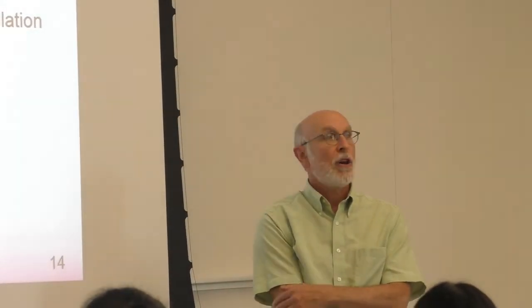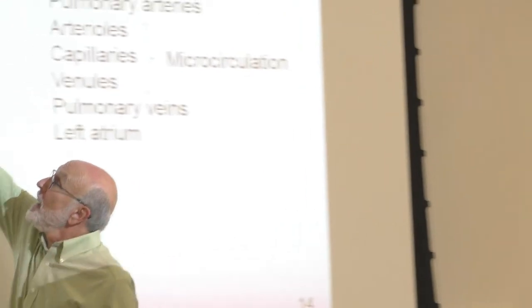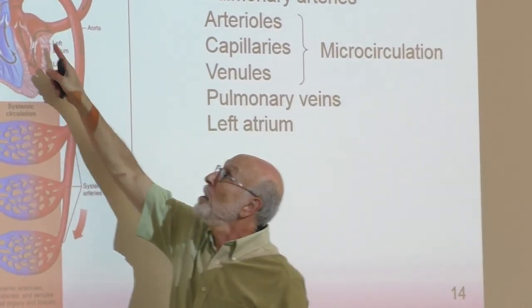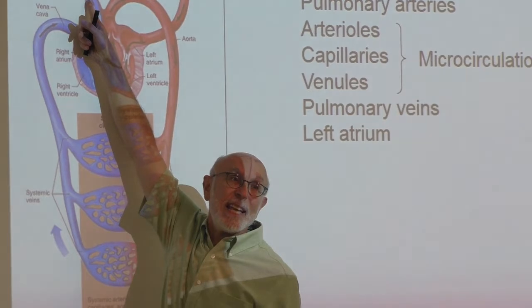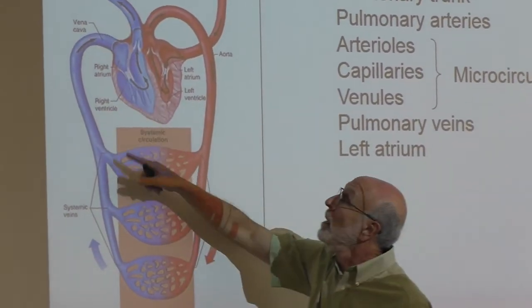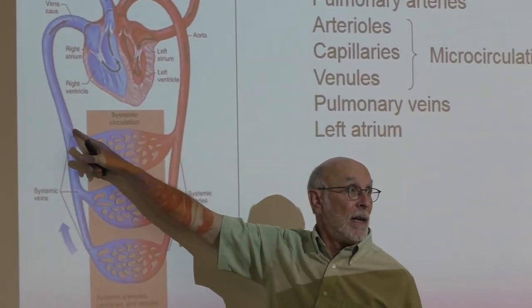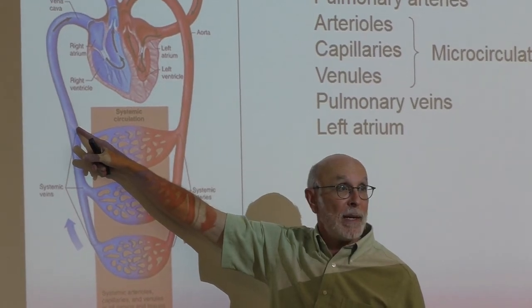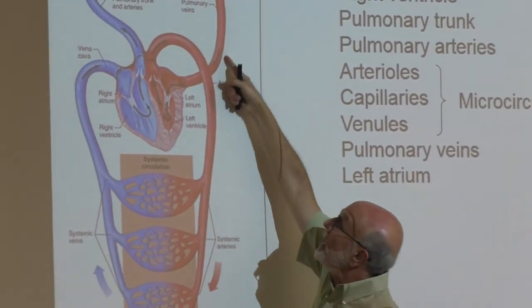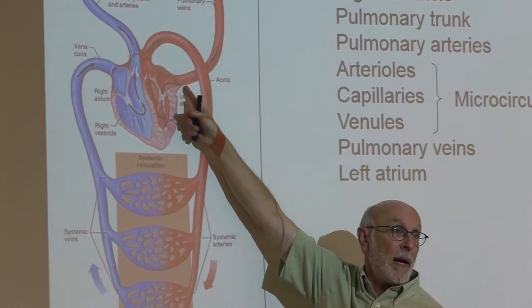Okay? So the aorta is the biggest artery of the body. The pulmonary trunk is probably the second biggest artery of the body. The vena cava is the biggest vein of the body. And the pulmonary vein is probably the second biggest vein of the body.